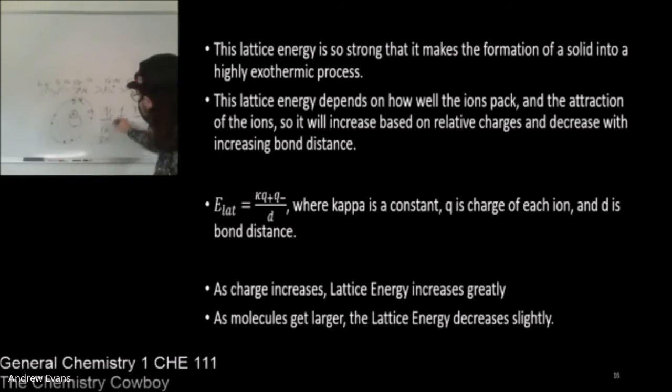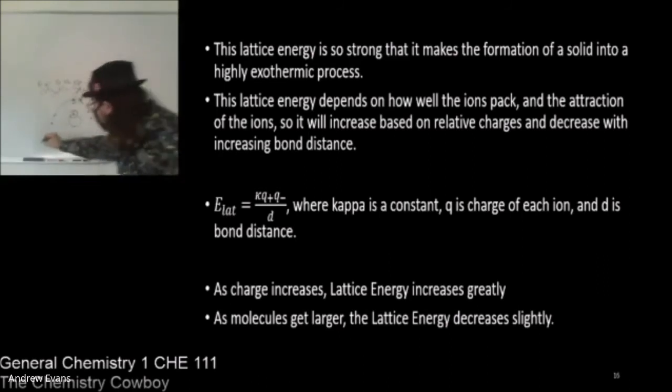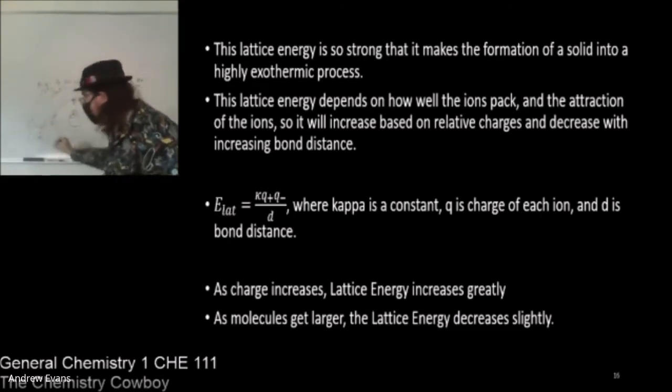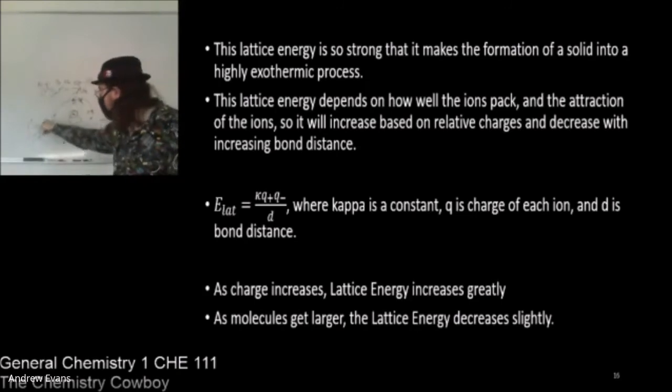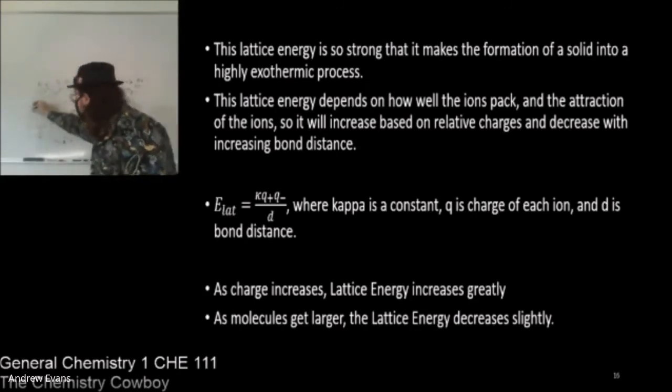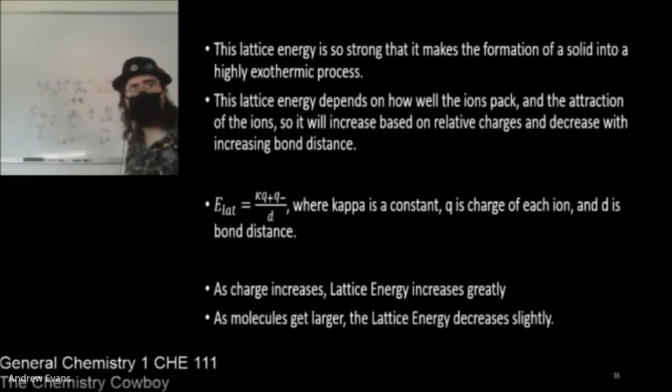If I said Na2O, that would be 1 times 2, because we have a -2, +1. And if I said, say, MgO, like we did in lab, that would be a 2 times a 2.